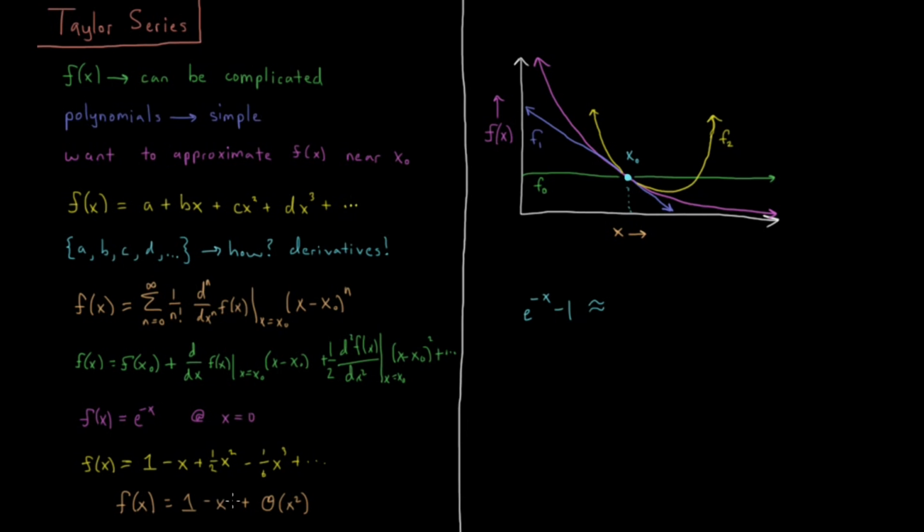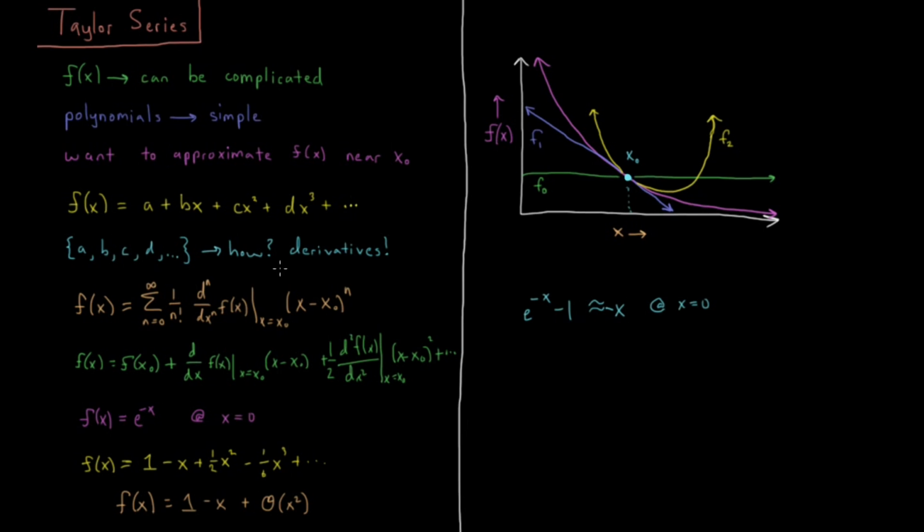For x very small, x squared is going to be very, very small, so it won't matter. So near x equals 0, we can approximate e to the minus x minus 1 as minus x. This is useful in some things where e to the minus x minus 1 might be complicated, but minus x might be simpler to work with.